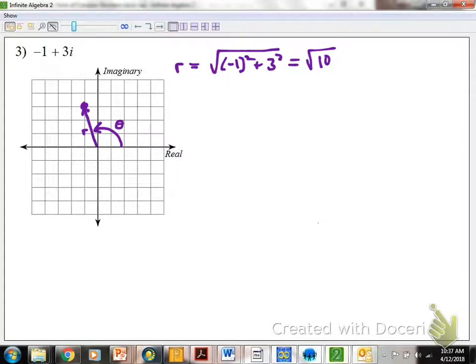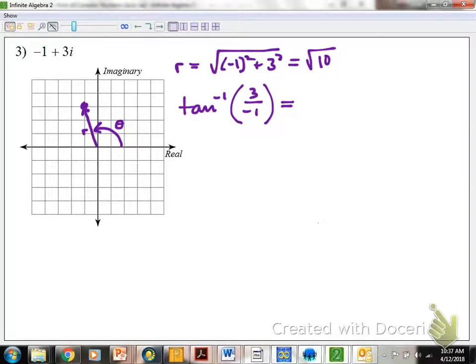To find our reference angle for theta, we do the inverse tangent of b over a. That's 3 over -1. Or you could just really do 3 over 1, because all we're doing is finding a reference angle here. And what does that give us?